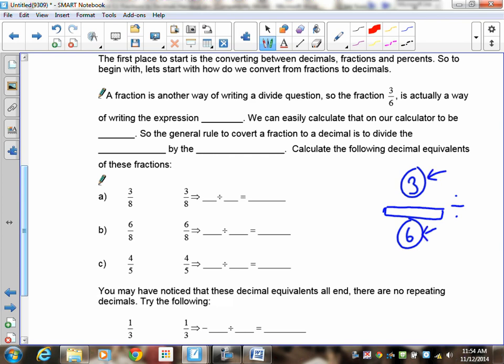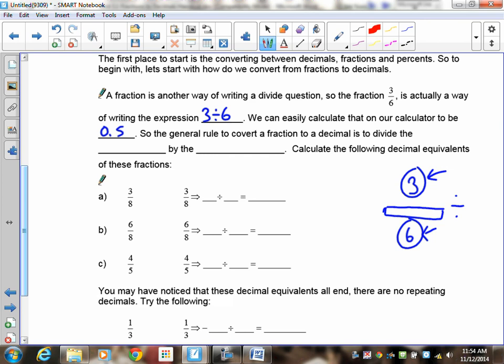Okay? So a fraction is another way of writing a divide question. Okay? So this is 3 divided by 6. We can easily calculate that on your calculator to be 0.5. On your calculator, you would put in 3 divided by 6 and press equals.